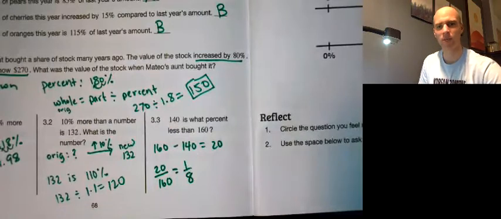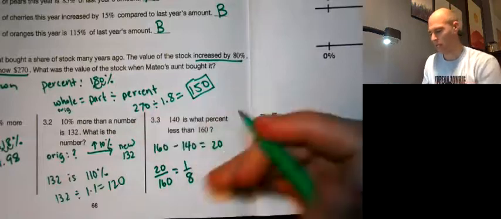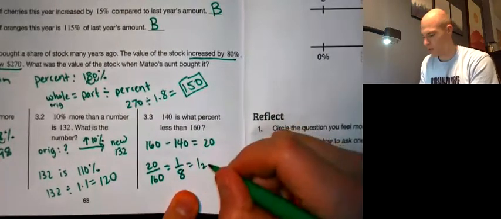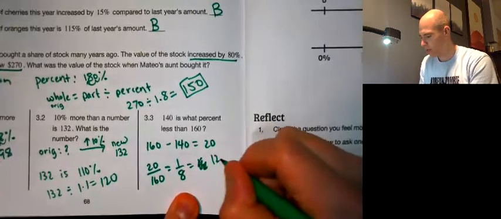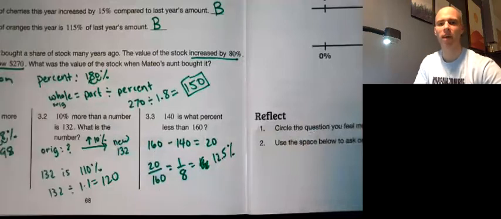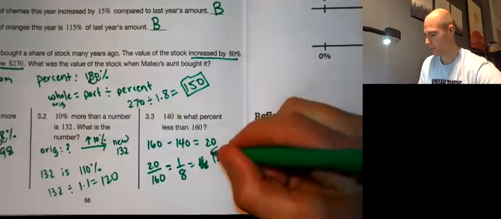I don't know if Mr. Wong says he's memorized, but you can convert 1/8 to a percent. It is 12.5%. So what that means is you need to take 12.5% away from 160 to get 140, or 140 is 12.5% less than 160.